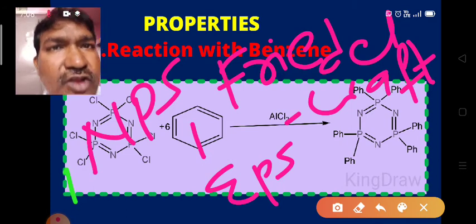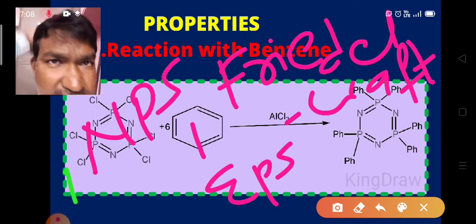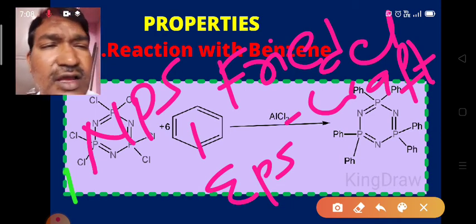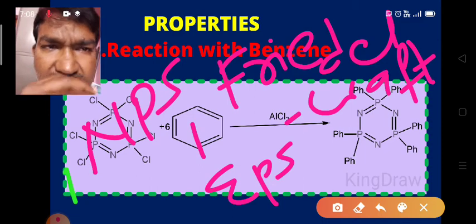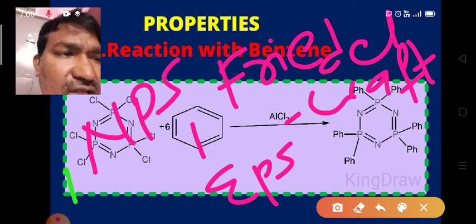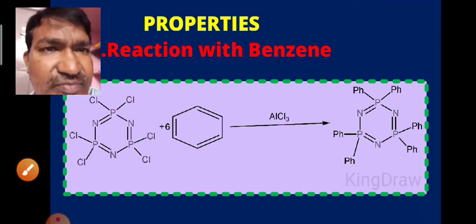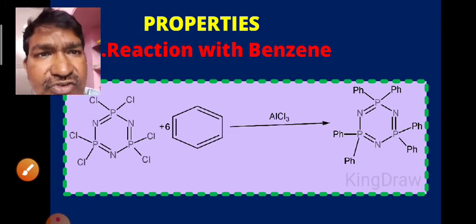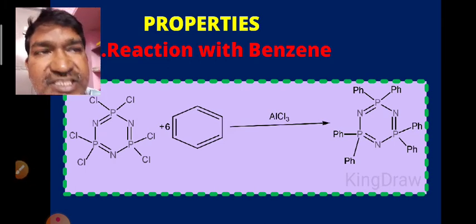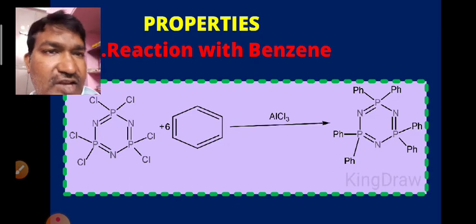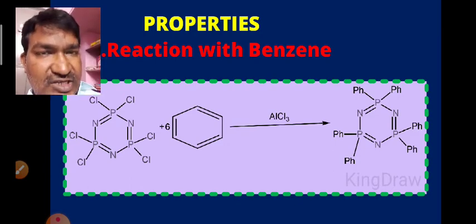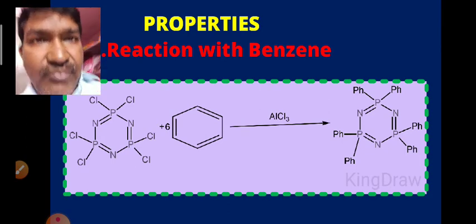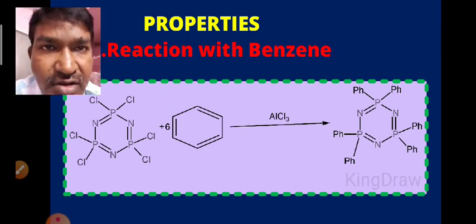For example, aluminium chloride is a Lewis acid. So in the presence of a Lewis acid, Friedel-Crafts alkylation takes place. In a similar way, here also the same type of reaction occurs, and all chlorines are substituted with benzene rings. This is very much similar to the previous reaction, that is, the reaction with phenyl magnesium bromide.